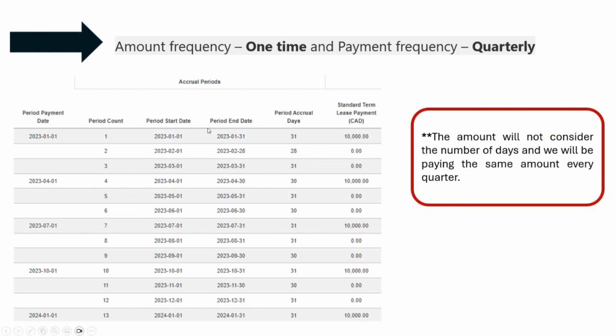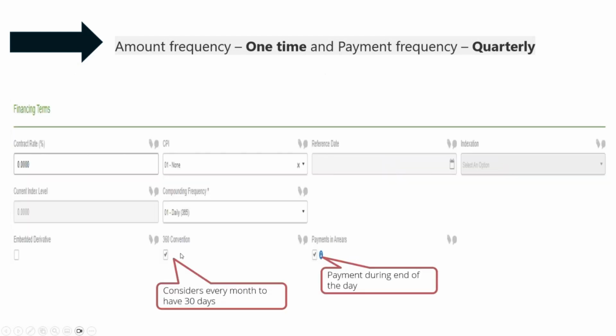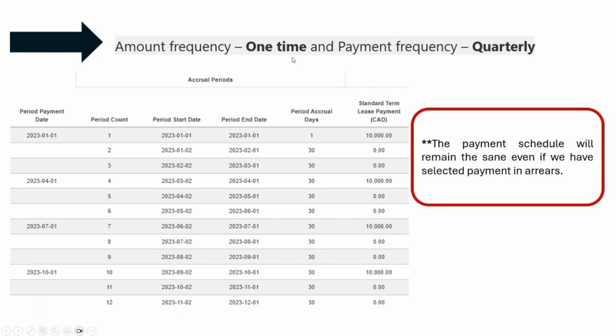In the first option, we have 31 days, but we are not considering the number of days, and hence the payment will be 10,000 every 3 months. Similarly, even if the 360 convention is on and the payment is in arrears, since it is one time, the payment will be 10,000, in full every 3 months.